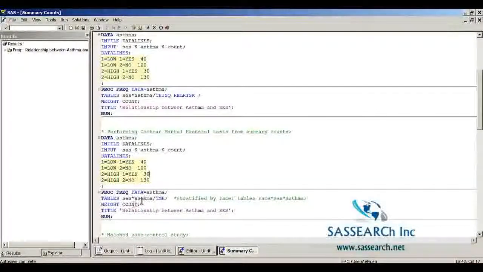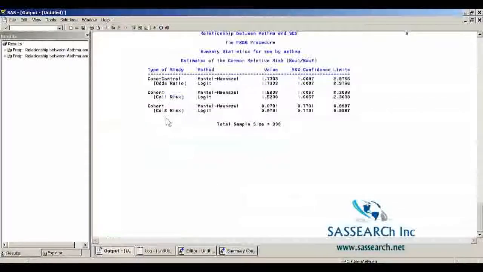I'm just going to show you the statistics that are generated with the CMH option when we just go with SES star asthma, because we don't have information for race in our data set. So here's what the output looks like when we ask for the CMH option.